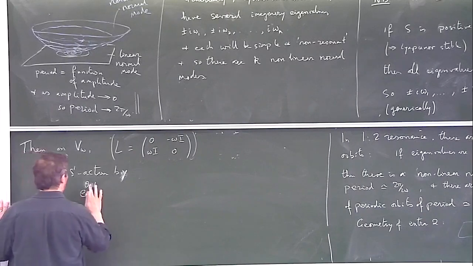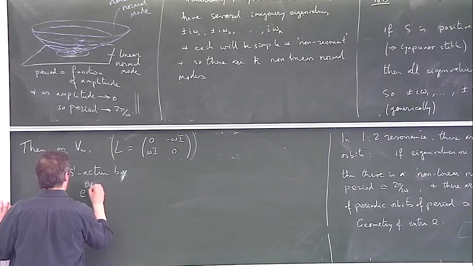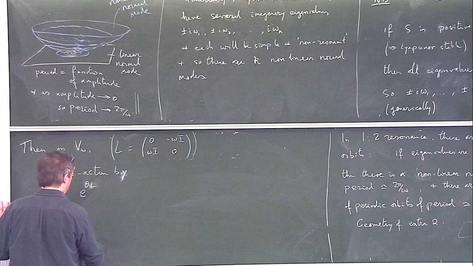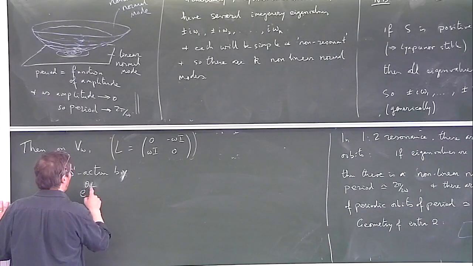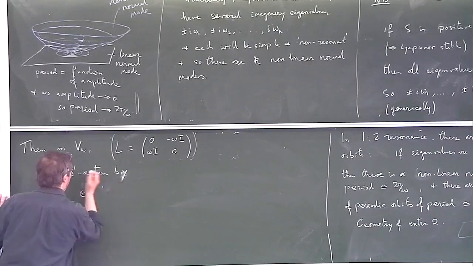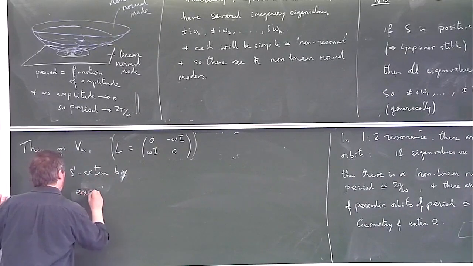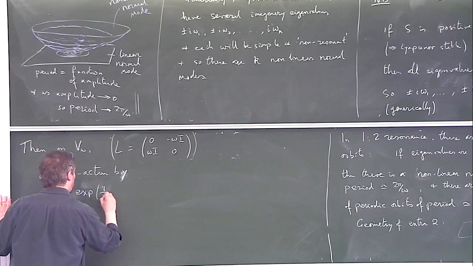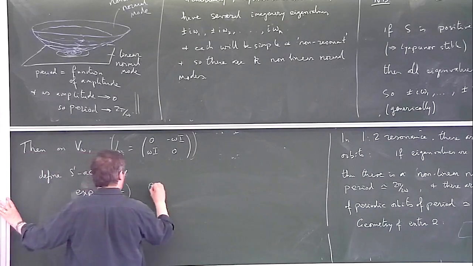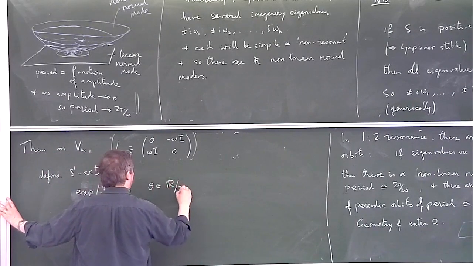The exponential of 1 over omega theta L, so theta in R or 2 pi Z again.